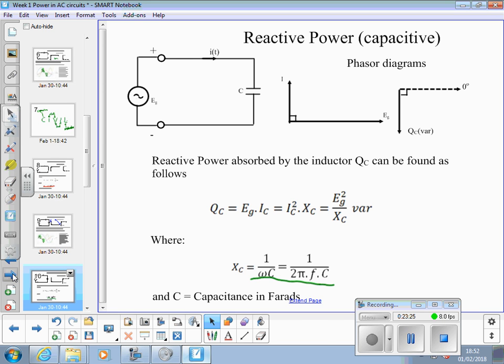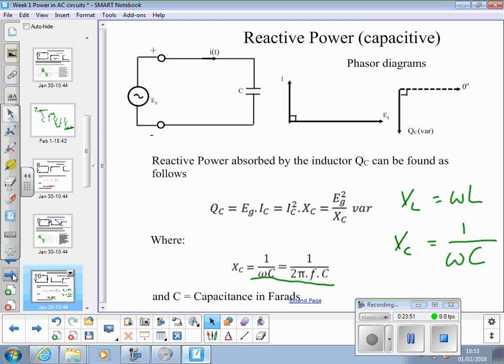The other thing you must always remember about XL and XC, that XL is equal to omega times L, and XC is equal to 1 over omega times C. So as frequency changes, one of them increases in value, the other one must decrease in value, and vice versa.